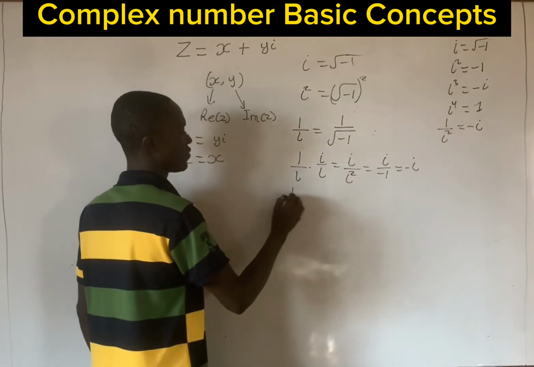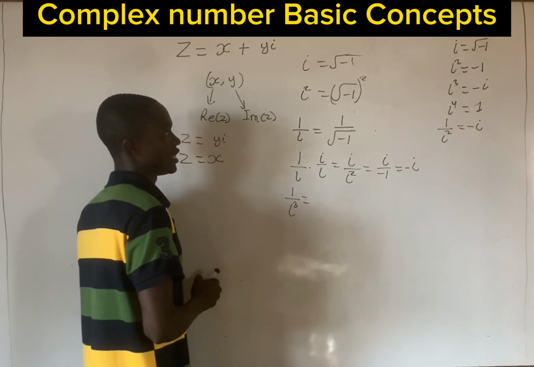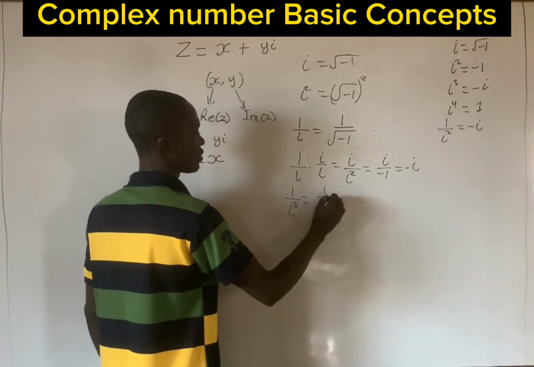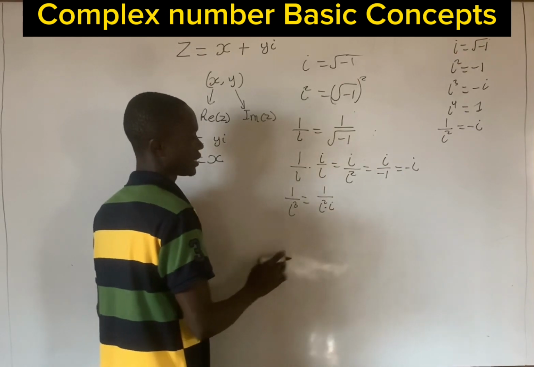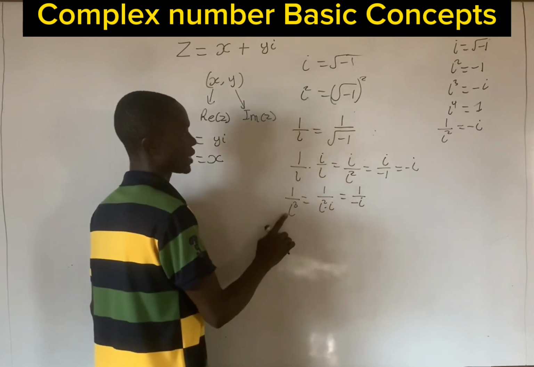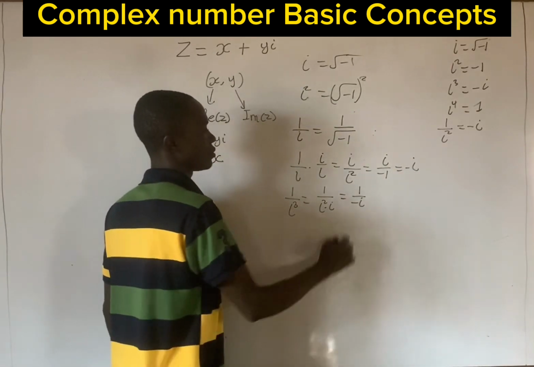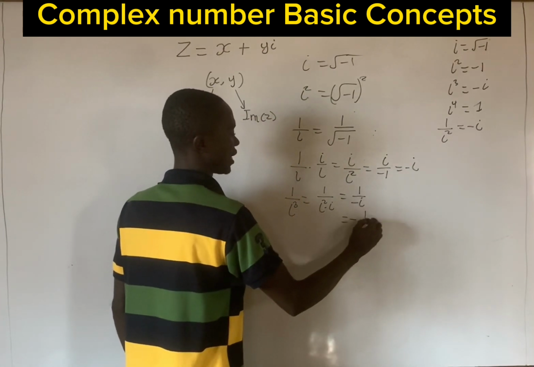Let's take 1 divided by i cubed in a very simple way. Here, this is the same as 1 divided by i squared times i. And we have 1 divided by negative i, because i cubed is negative i. Now, we put the negative here, 1 divided by i.